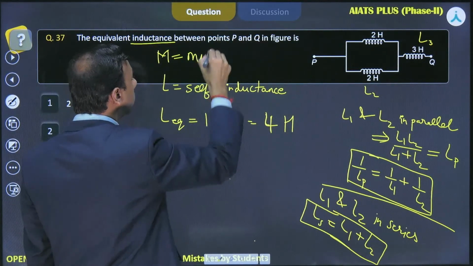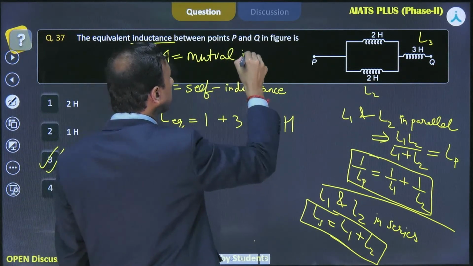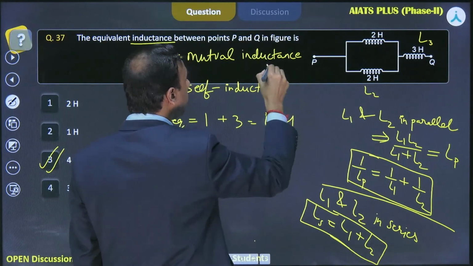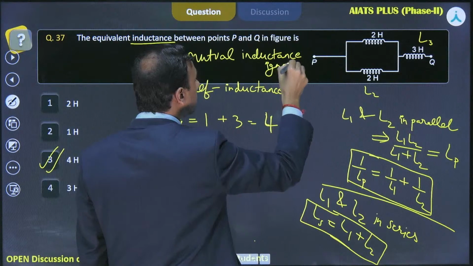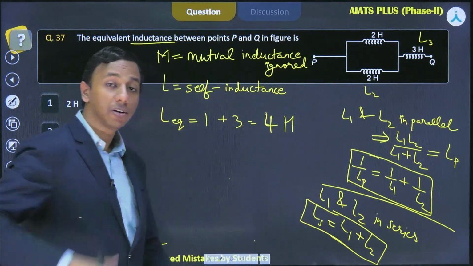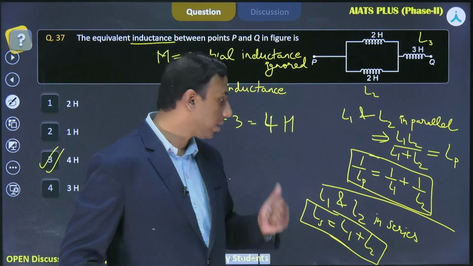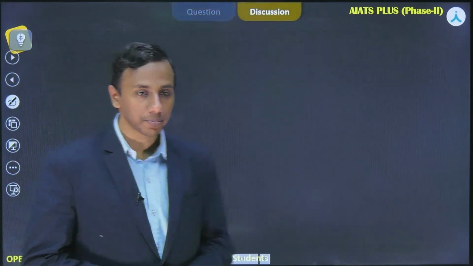M is equal to mutual inductance. We can simply say it is ignored, so it is not taken into account. If it were taken into account, these things would change. Okay? All right.